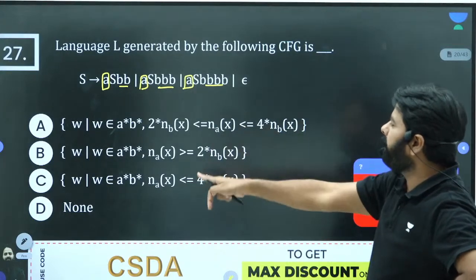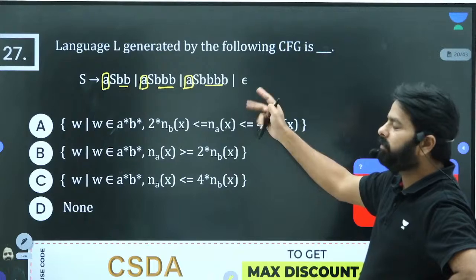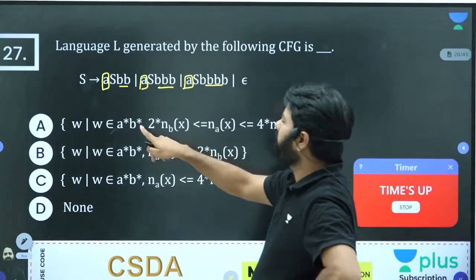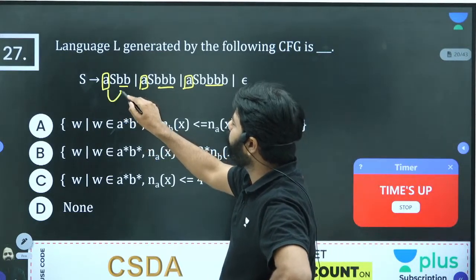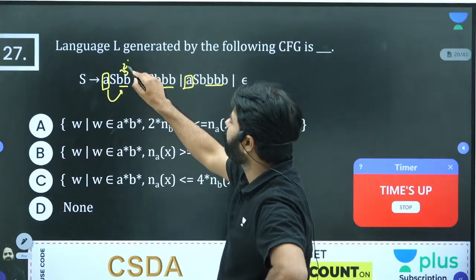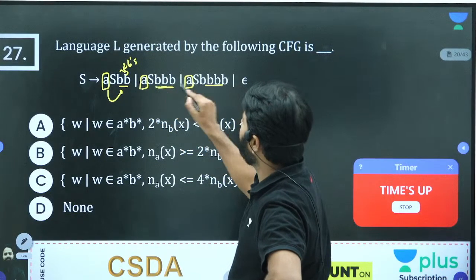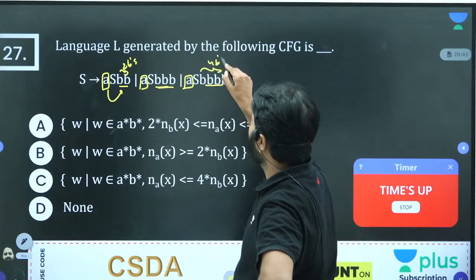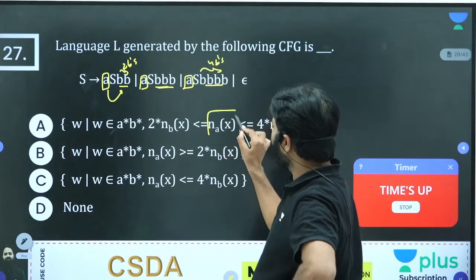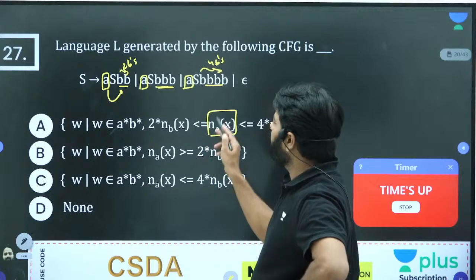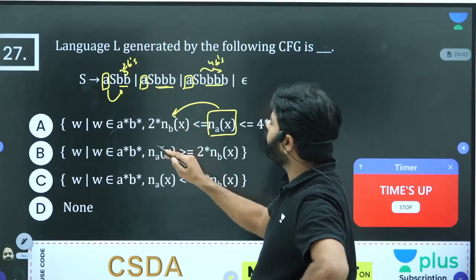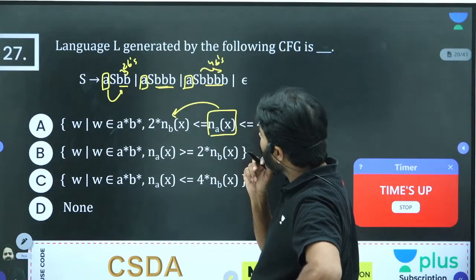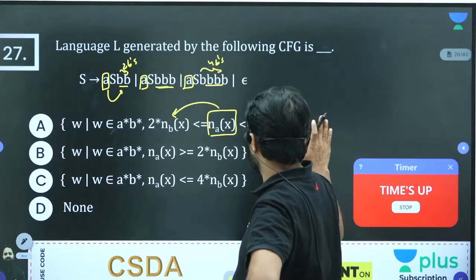So for 1 A, you have maximum 4 B's, minimum 2 B's. So what is the condition?